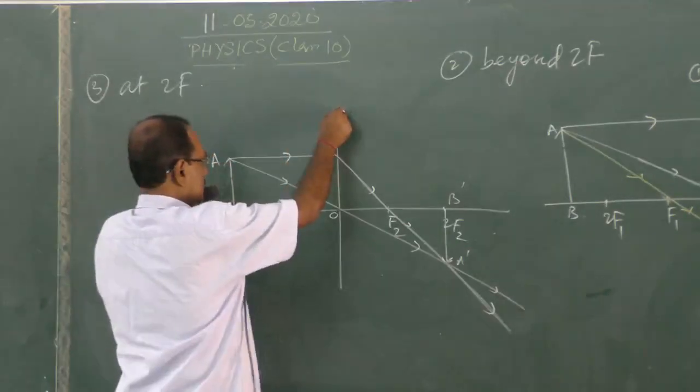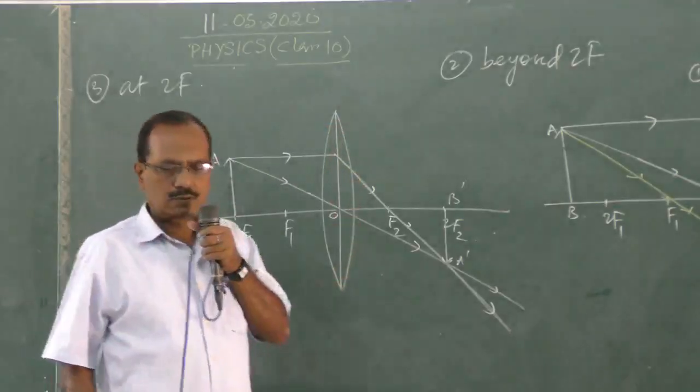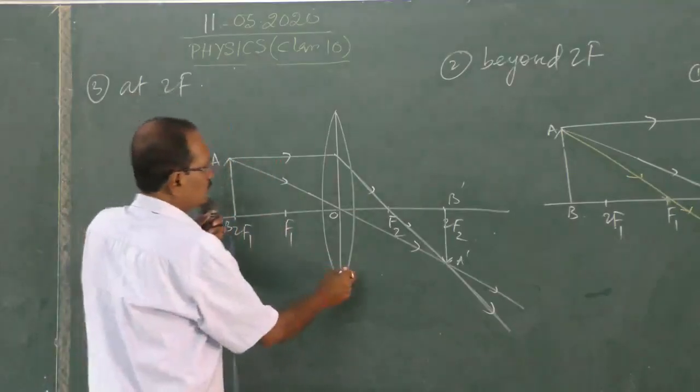Now you may draw the lens. The third ray also you can draw.